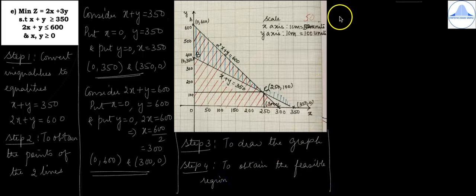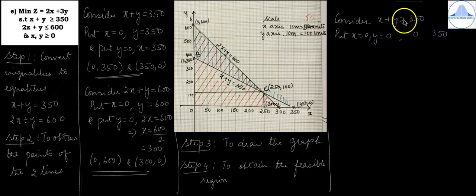To obtain the feasible region, you should take the inequalities. Consider the first inequality, x plus y greater than or equal to 350. Put x equal to 0, y equal to 0. So you'll get 0, and here you have 350. Check whether 0 is greater than 350. It is not greater, so you will write false.